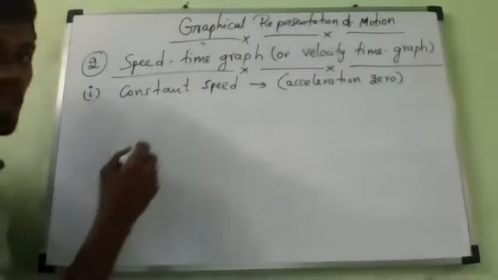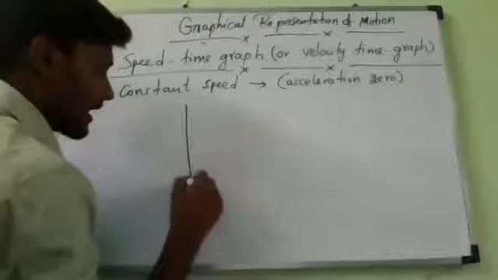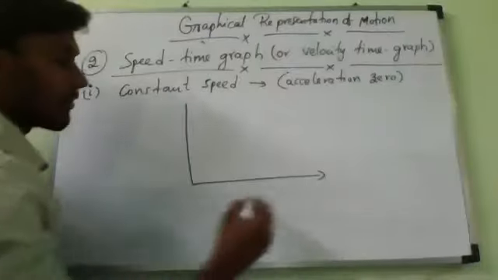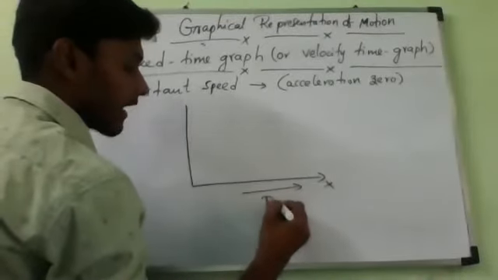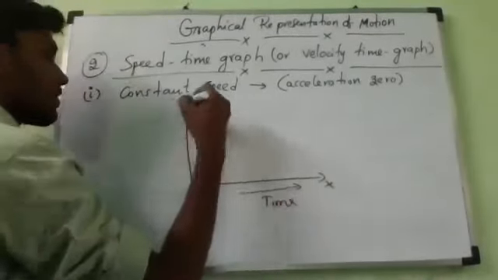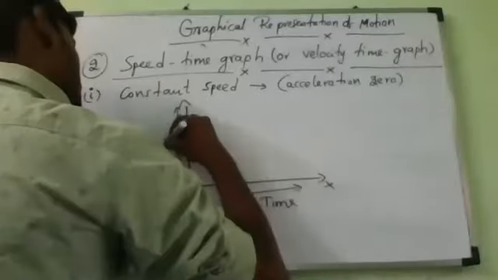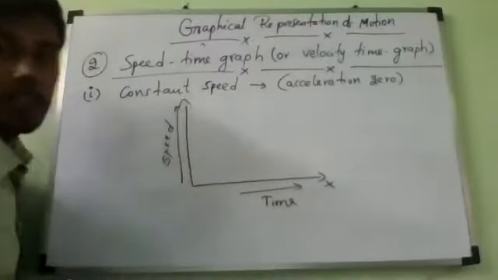So in this situation, how will the graph be? Imagine this is the graph. On the x-axis we always have time, and on the y-axis we have speed.